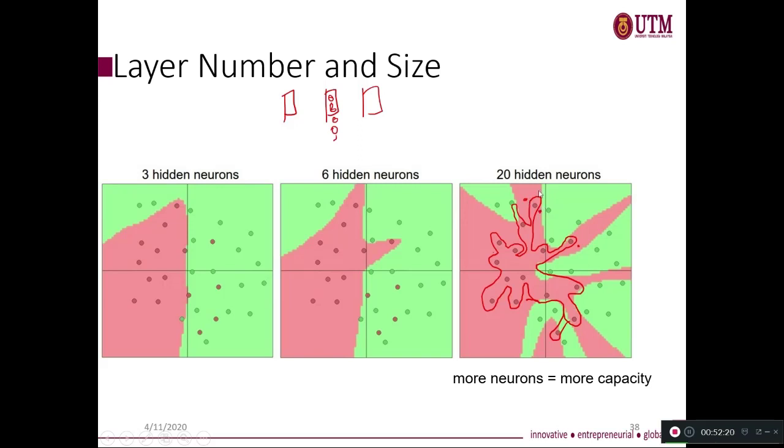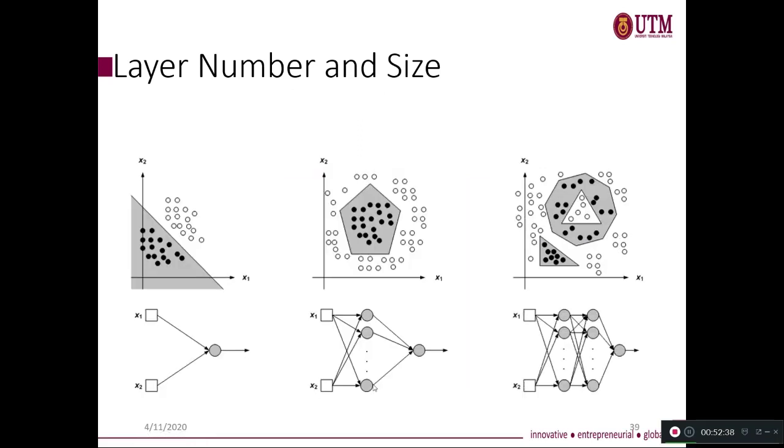So it is very tolerant compared to this one, which is the overfitting. There are strict lines there. In other words, that is what happens if you increase the layer number and the size.